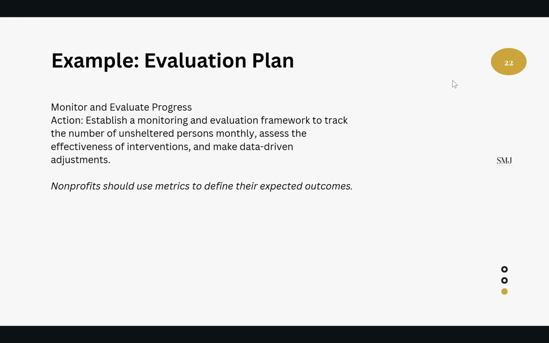So for the example of this organization, their action is that they wanted to establish a monitoring and evaluation framework to track the number of unsheltered persons monthly, assess the effectiveness of interventions, and make data-driven adjustments.